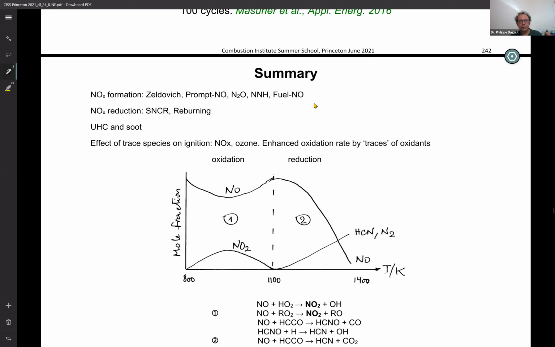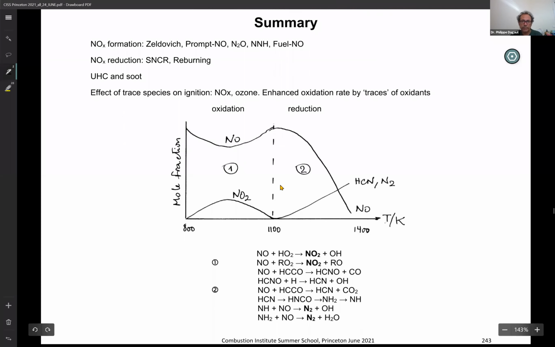And then to finish, the interaction between NOx and hydrocarbons. Once more, I want to emphasize that depending on the temperature, there are different processes which occur. In the first regime here, below about 1100 Kelvin, we have an oxidation process that occurs.